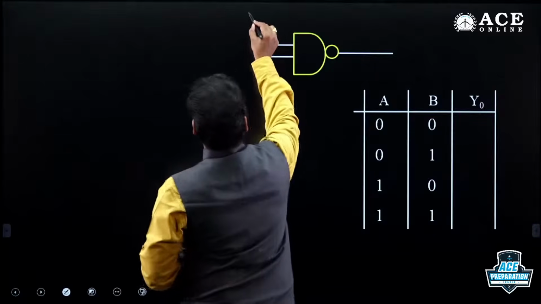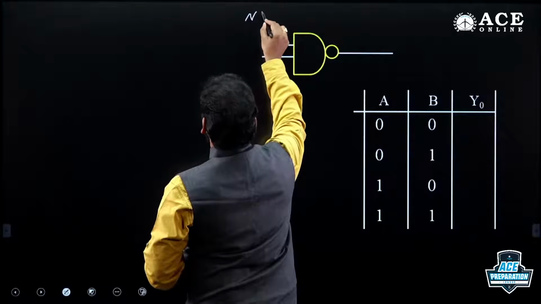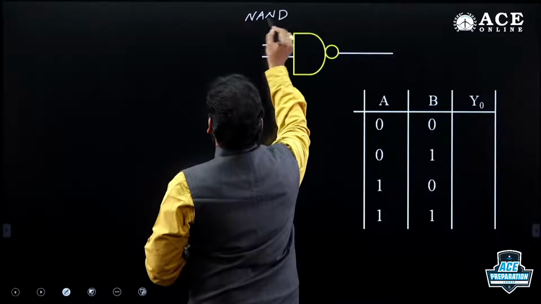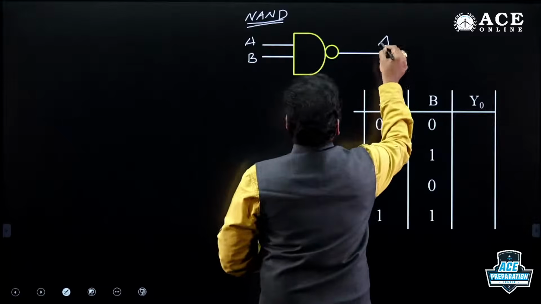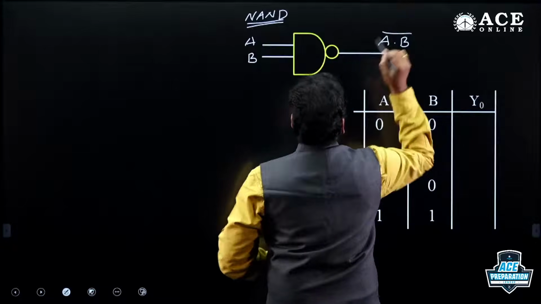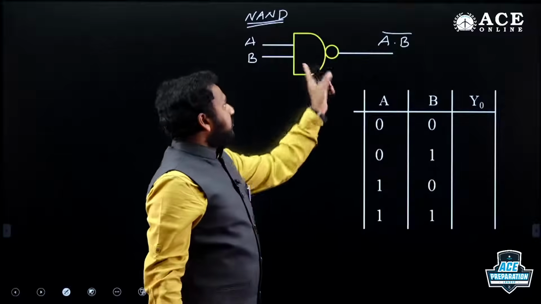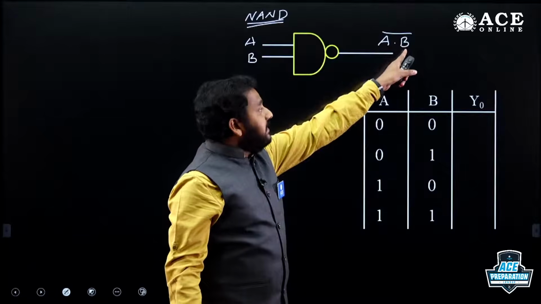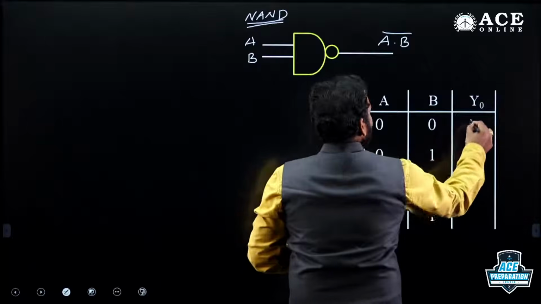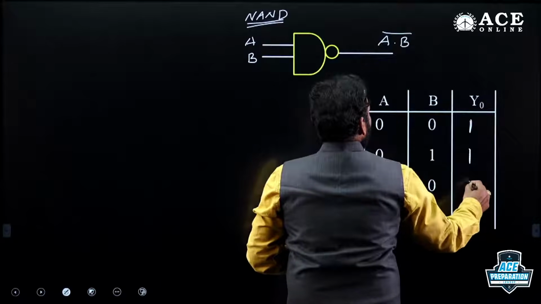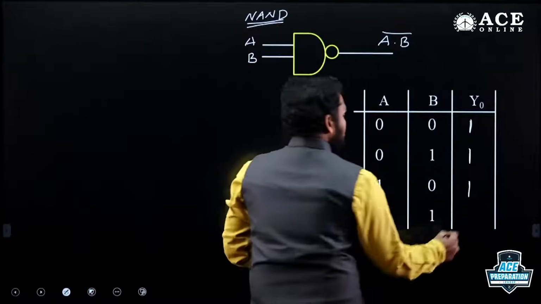NAND gate, AND operation plus NOT operation. AND with complement. So if any of the input is 0, 0 and anything is 0, its complement is 1. And 1 and 1 is 1, 1 bar is 0.